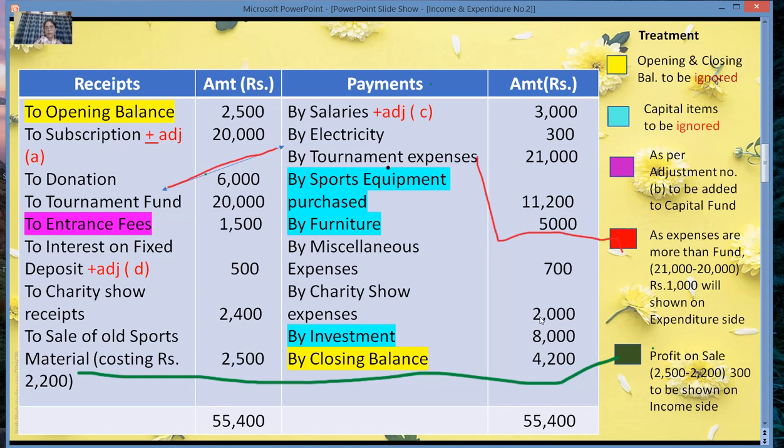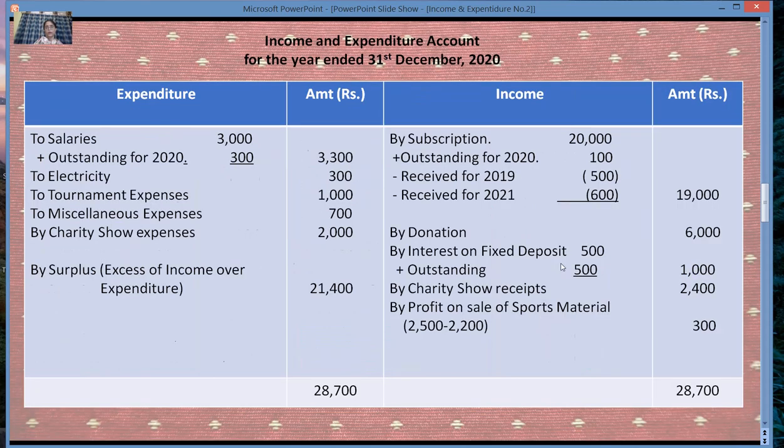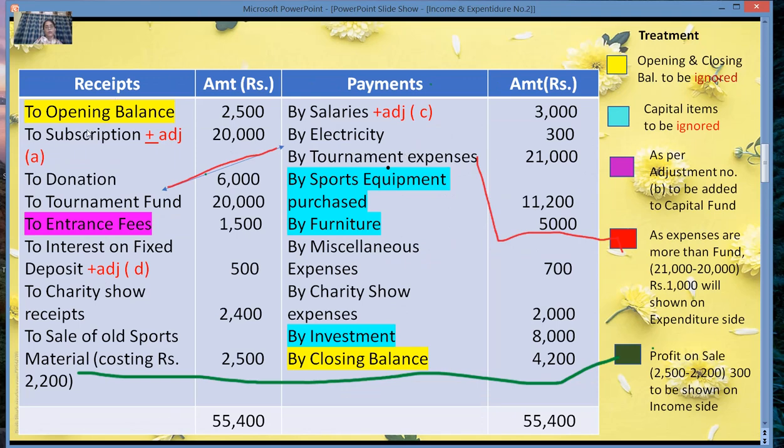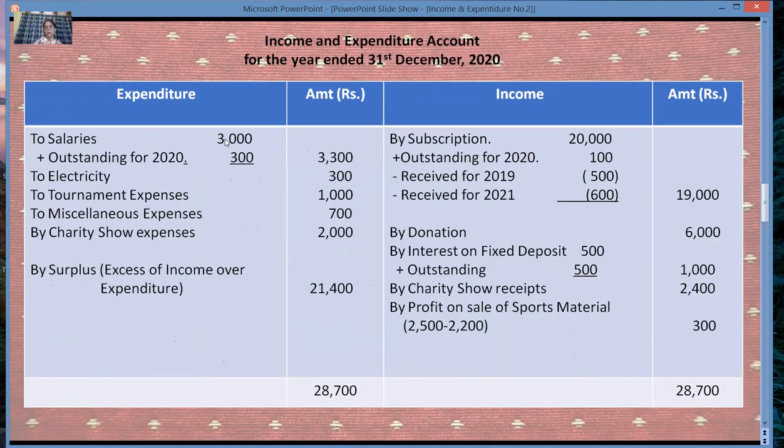Now with these items, let's prepare an income and expenditure account. It's a nominal account, so we debit all expenses and losses and credit all incomes and gains. So income is on your credit side, expenditure is on your debit side. Let's start with the income side first. We get the information from receipts. First item is subscription 20,000. There was an outstanding for the current year of 100, and the amounts received for the previous year 500 and for the future year 600 are to be deducted.